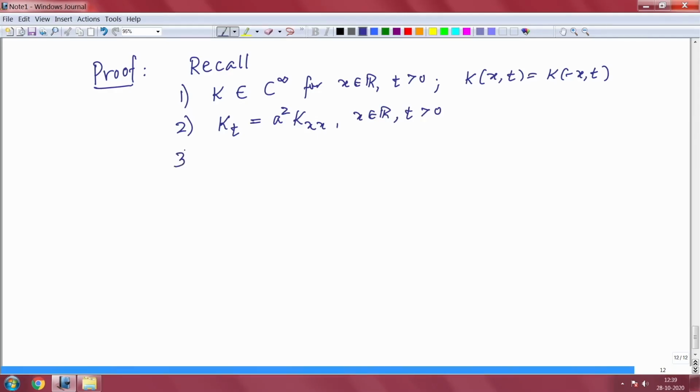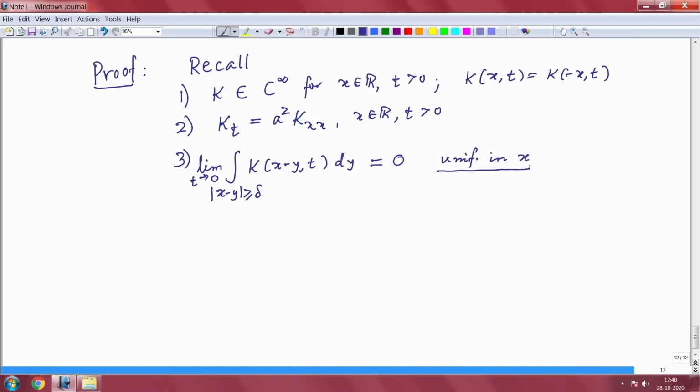One more important property: if you integrate K(x minus y, t) with respect to y, not on the whole real line, but you just stay away from this x at a positive distance, and then you take this limit as t tends to 0, this is 0 uniformly in x. That is important, uniformly in x.